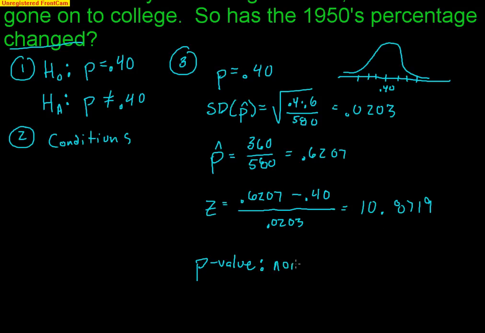I'm going to do my normal CDF, and I'm going to look more extreme. Remember, the p-value is the probability of the observed statistic or more extreme, or higher in our case here.